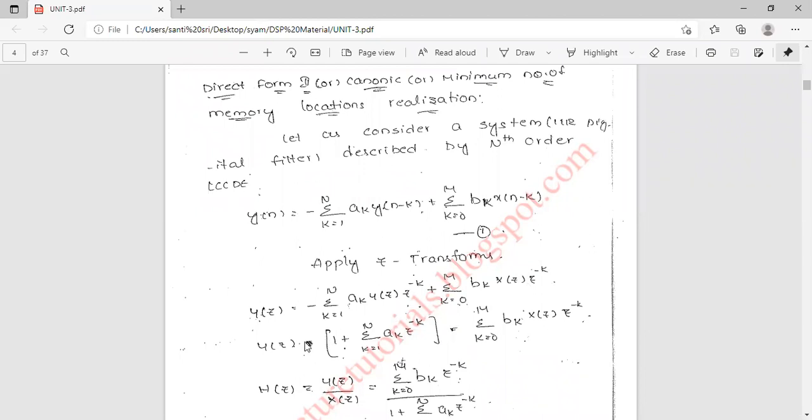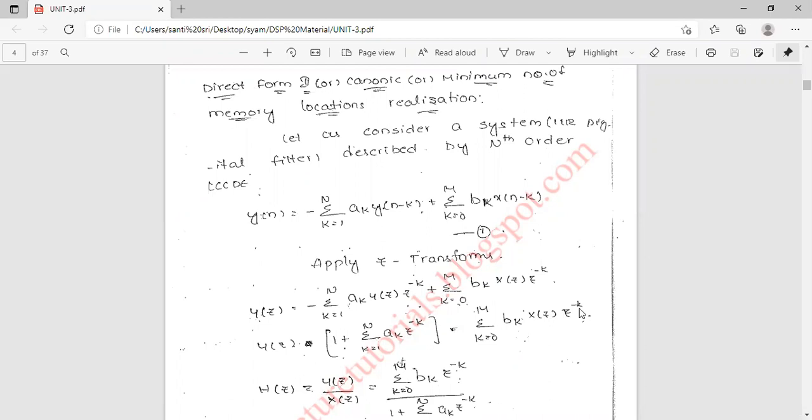Okay, so y of z is already there on this side. Taking y of z common, this will become 1 plus sigma k equal to 1 to n a k into z power minus k, equal to sigma k equal to 0 to m b k into x of z into z power minus k.